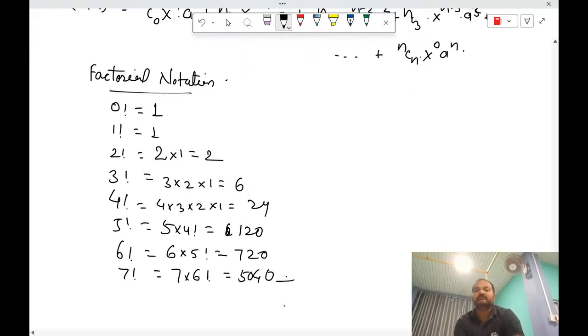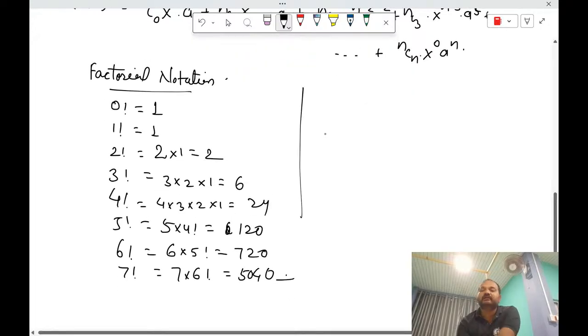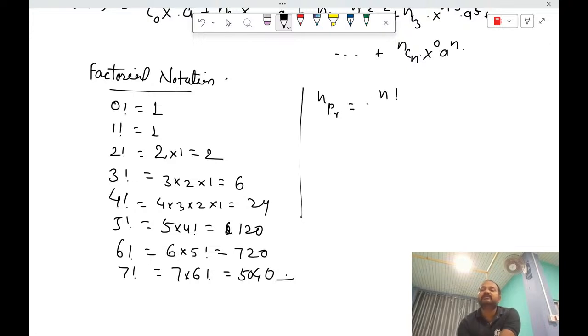Okay. And here we will study about nCr. There is a formula for nPr and nCr. The formula for nPr is n factorial upon n minus r factorial. This is permutations. Permutations are used for the arrangement of n objects. And nCr is used for the combinations of n objects taken r at a time.